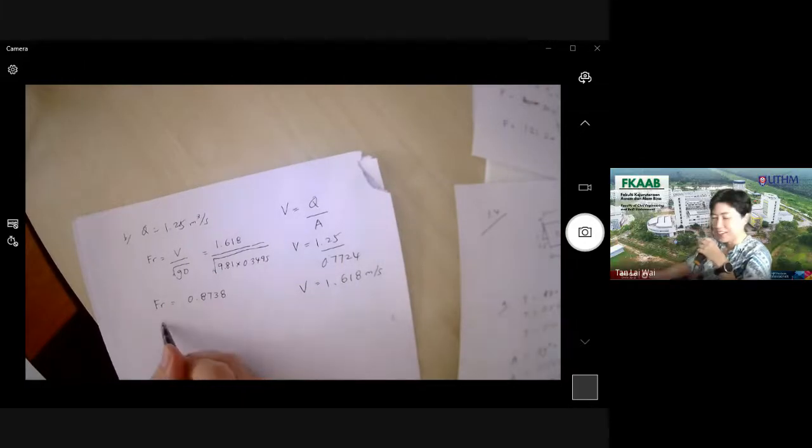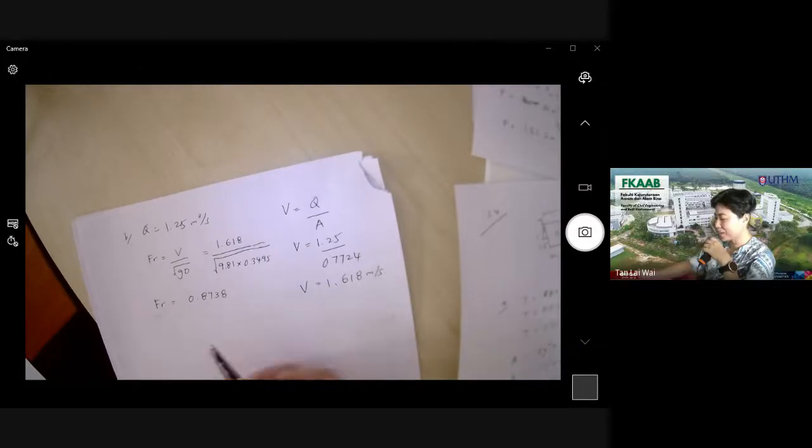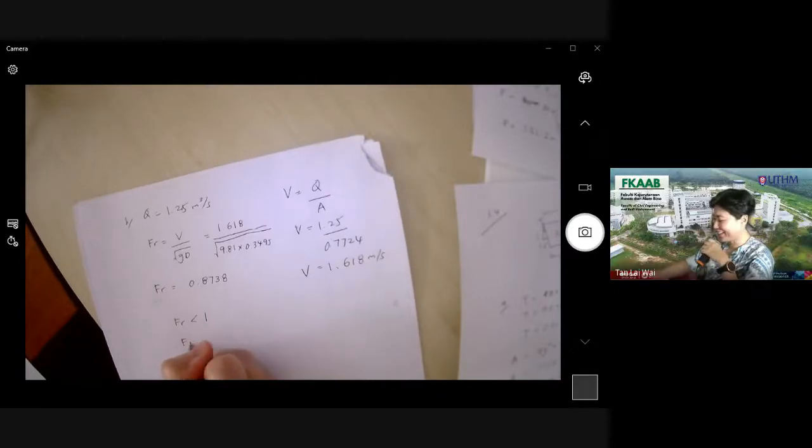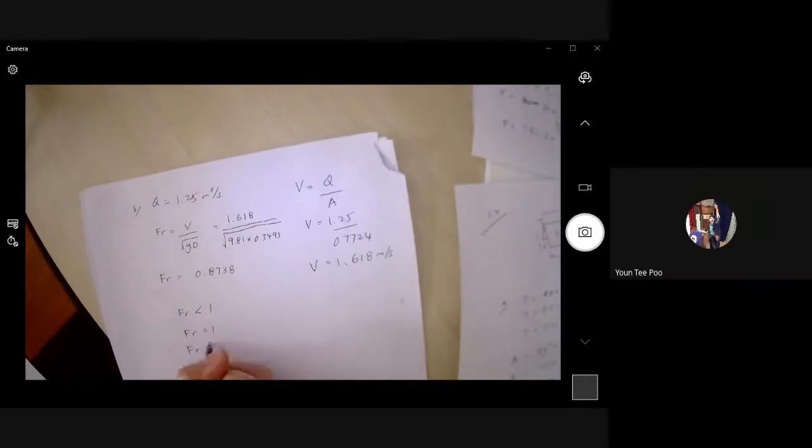Okay. Tipo, what is the state of flow? Kalau Froude number, Fatima, apa kategori dia? Apa pengkelasan dia? Subcritical.